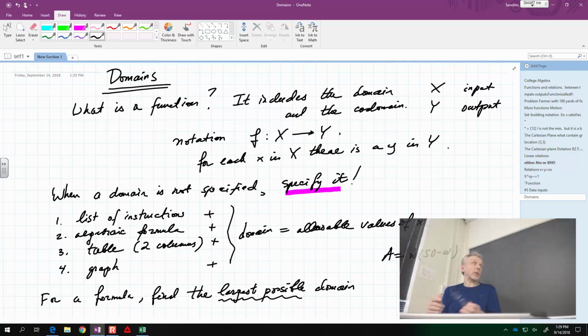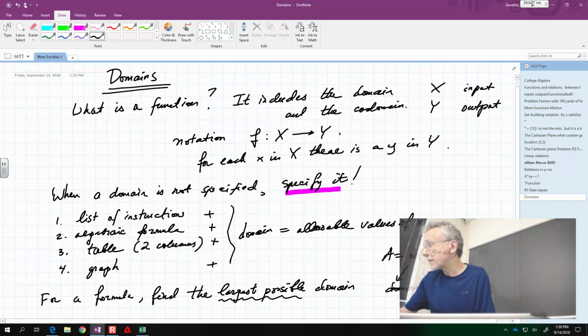So that's one way to look at it. But if you do it in a purely mathematical sense, there is a formula, nothing else. There is no real-life situation for us to worry about. So we look at the formula itself, because there is nothing else. For this formula, the largest domain is negative infinity to infinity.